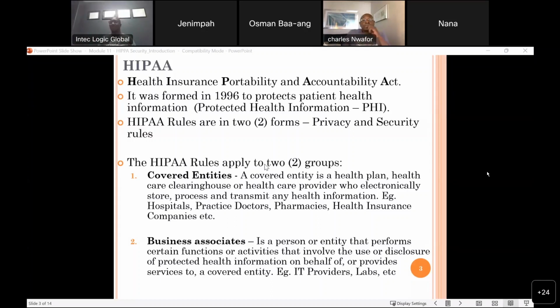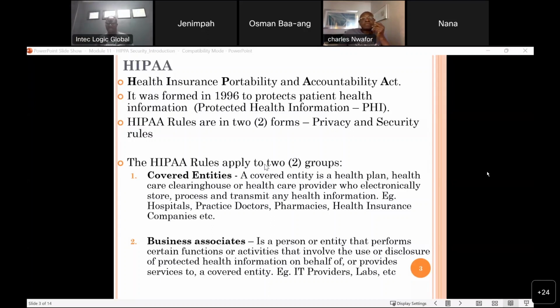If you process, store, or transmit any health information about patients, you fall within HIPAA. You must comply with HIPAA, right? It's very, very important. Examples are the hospitals, the practice doctors, the pharmaceutical companies, the health insurance companies, right? It's like those people counseling, they collect all those kinds of information.